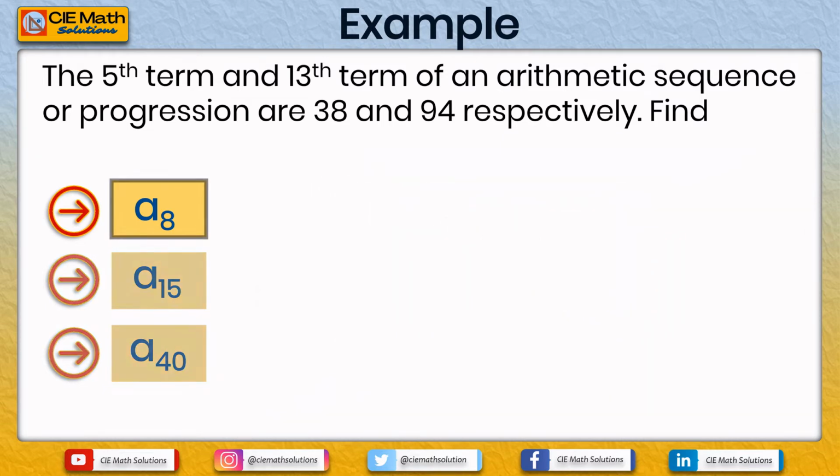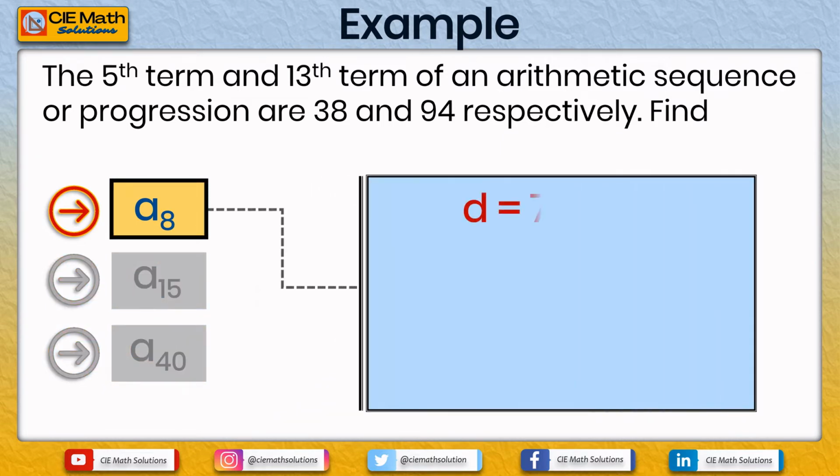For the first item, the 8th term, or A8, take note that the value of d is 7. We now represent A8 in terms of the given terms, either A5, which is the 5th term, or A13, which is the 13th term. If we use A5, we will have A8 is equal to A5 plus 3d.